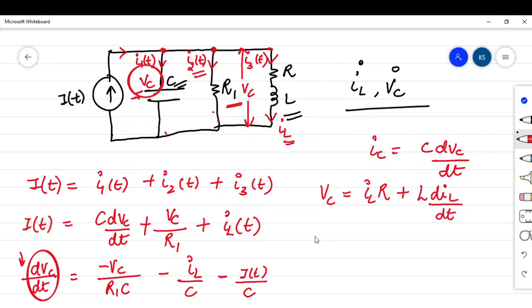From this equation, I can write dIL by dt equals Vc by L minus IL into R by L. So we know the first order differential of both the state variables, so we can write it in the form of state space. So how can I write it?